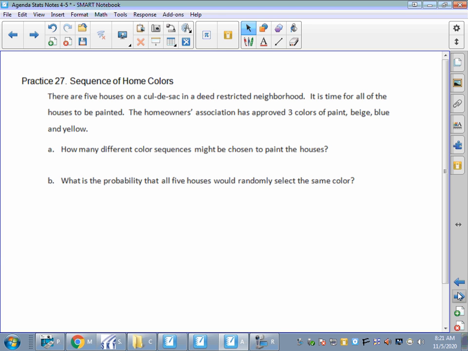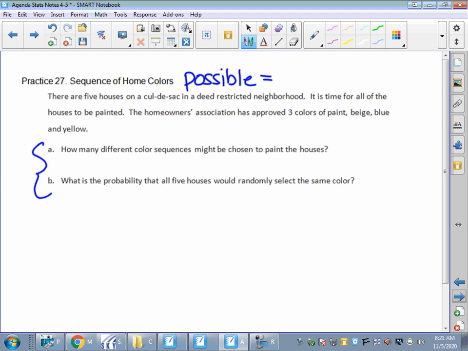Now, first of all, are repeats allowed? Are you allowed to have more than 1 house be beige, more than 1 house be blue, right? So possible, because remember how I said favorable over possible, I'm always going to find possible first. The A and B are the favorable part of the question.